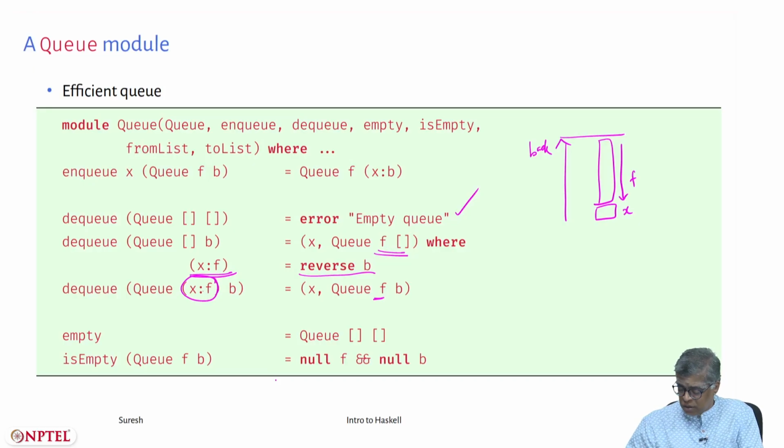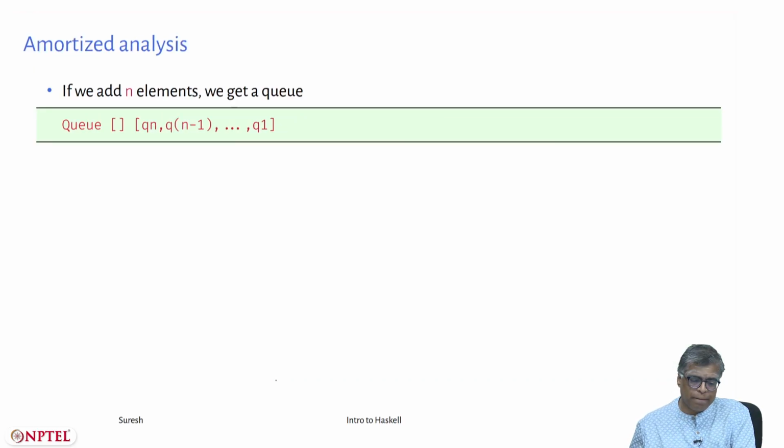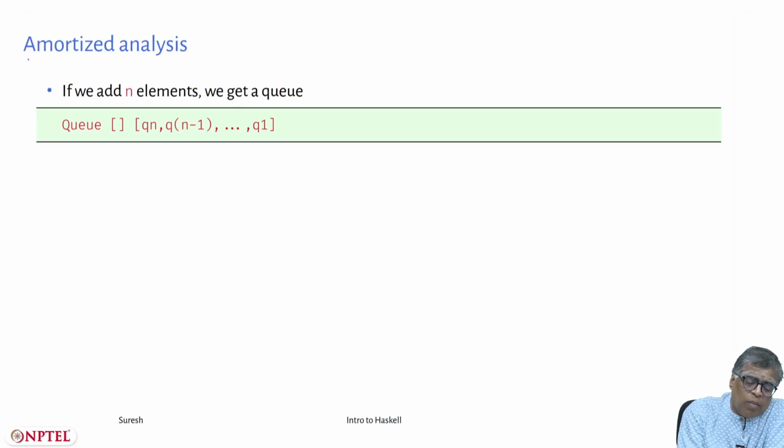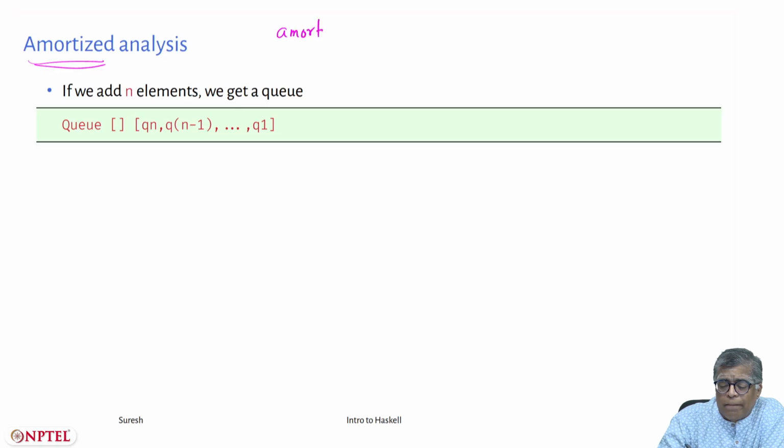Why is it efficient? That requires some discussion, and this leads us to something called amortized analysis. Amortization is an accounting term. It means averaging or spreading out.